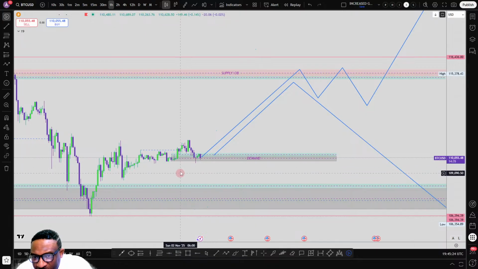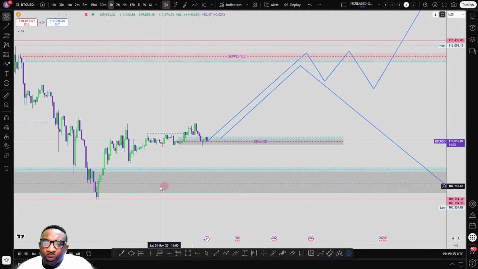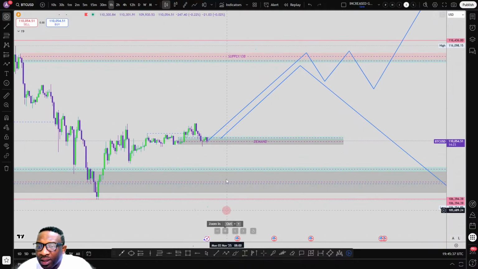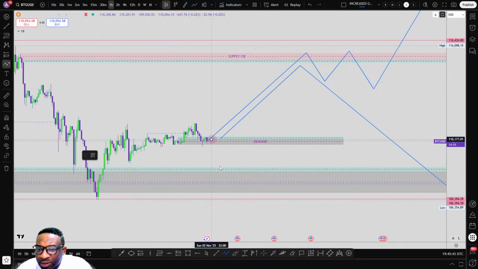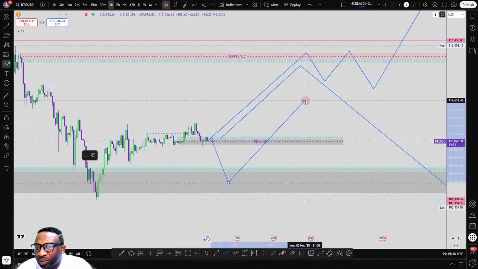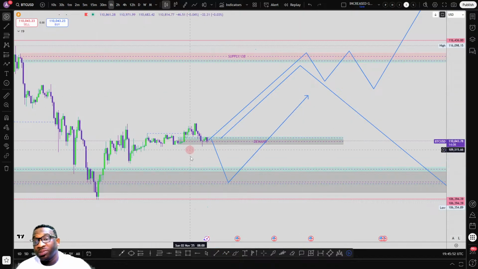We should be watching out for this as price either makes its way from here to here, or we could have a break from here back to this area, and then we look to the upside. So these are the multiple scenarios that we could identify here.